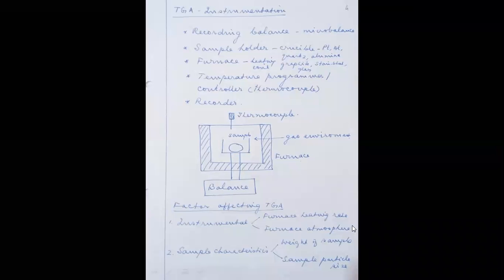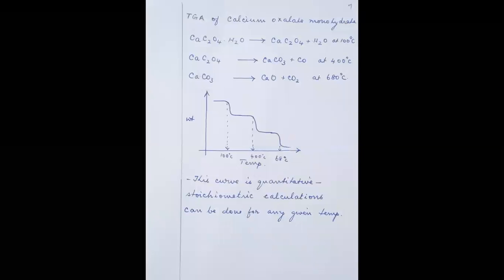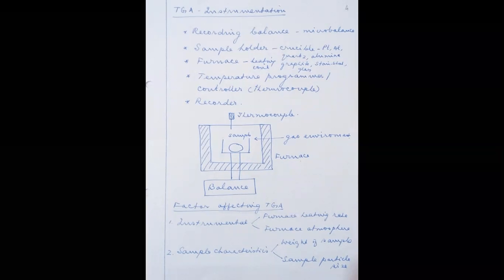Now we are going to discuss the factors affecting the thermogravimetric analysis. The factors which affect the thermogravimetric analysis are first the instrumental factors, and the second one is the sample characteristics. Regarding the instrumental factors, the first factor that affects the thermogravimetric analysis is the furnace heating rate.